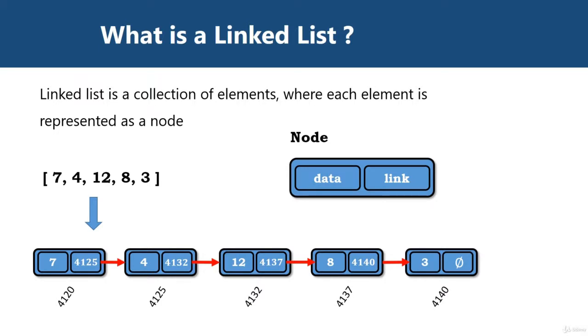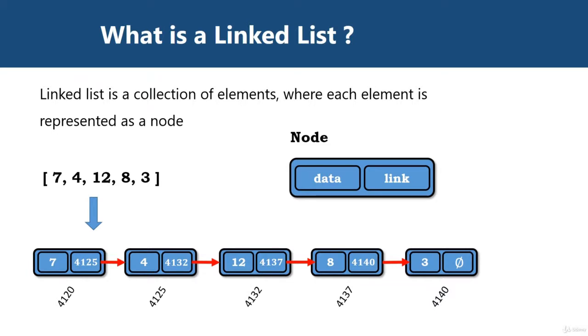There is also an important observation to be made here. The memory locations or addresses of nodes may not be contiguous, that is side by side, when compared to the arrays which use sequential memory locations.